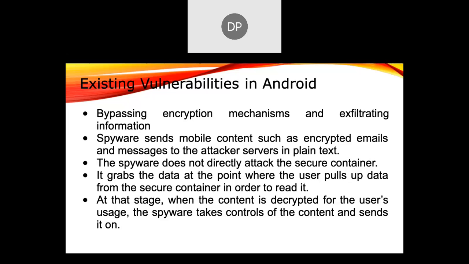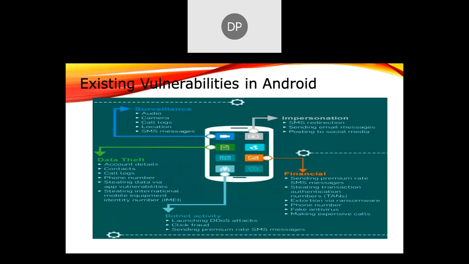It grabs the data at the point where the user pulls up data from the secure container in order to read it. At that stage, when the content is decrypted for usage, the spyware takes control of the content and sends it on. So, see the existing vulnerabilities in Android in one picture.